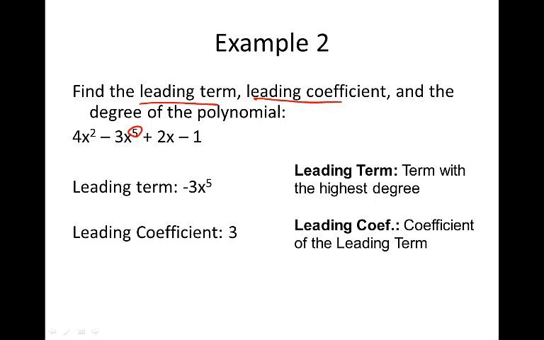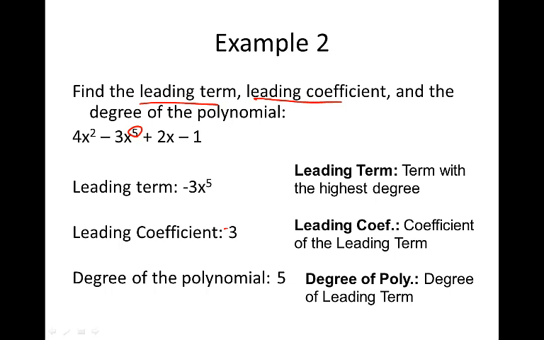The leading coefficient is the coefficient of the leading term. So you find the leading term, you get its coefficient. Oops, I missed that. That should be a -3. And the degree of the polynomial is the degree of the leading term. It's the term that has the highest degree, so it's easier to say just the degree of the leading term. 5.